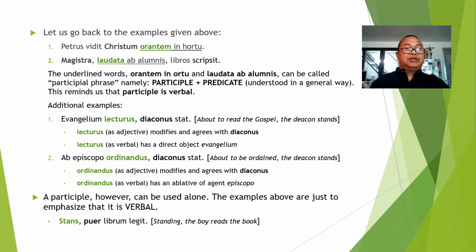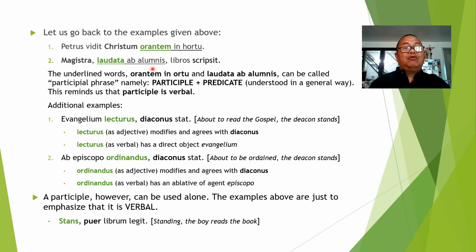So, the underlined words, orantem in horto and laudata ab alumnis, in the examples given are just to show you, as I said earlier, that participles are verbal. They can be used in constructions that are used for verbs.